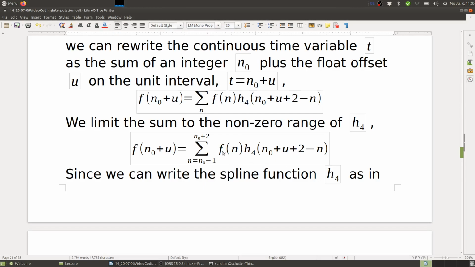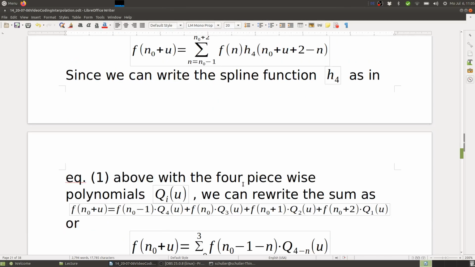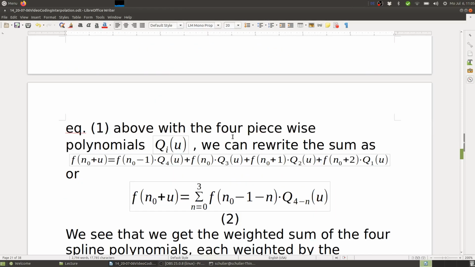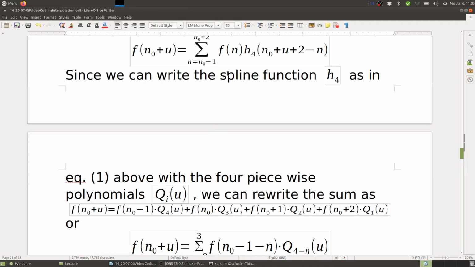Plug it in and we can see we have contributions from 4 intervals. So since we can write the spline function h4 as in equation 1 above with the 4 pieces, now we can plug in the q's here, we can rewrite this sum as those 4 contributions from those 4 polynomials. So here, this sum is rewritten using h4 as the 4 q's.